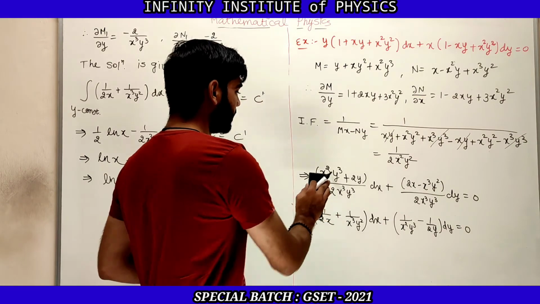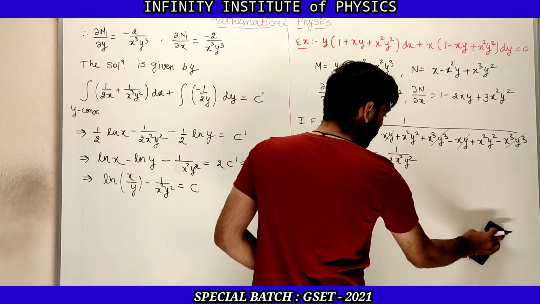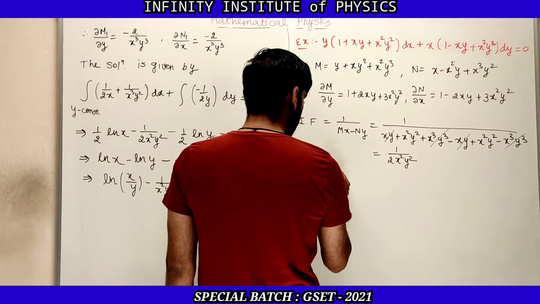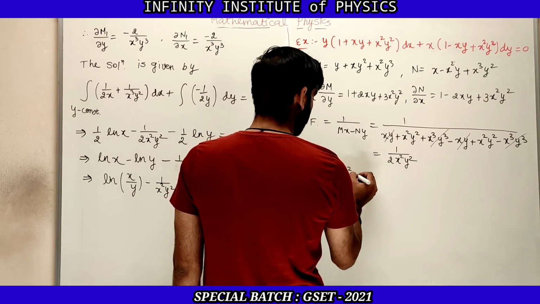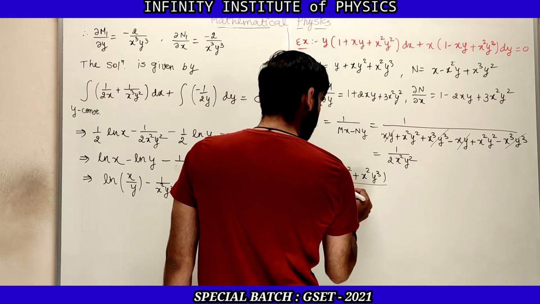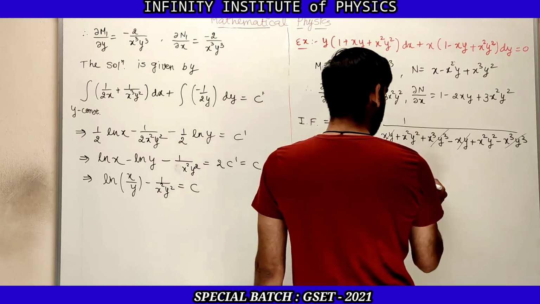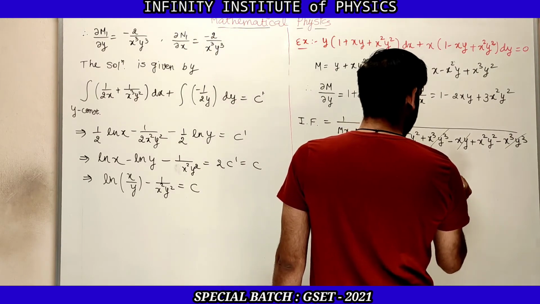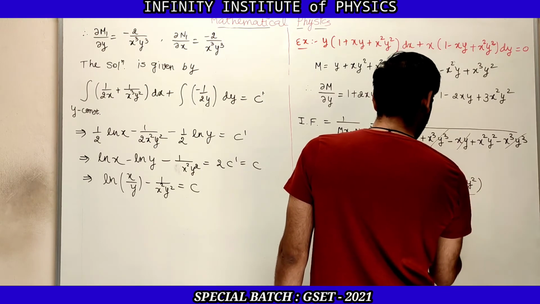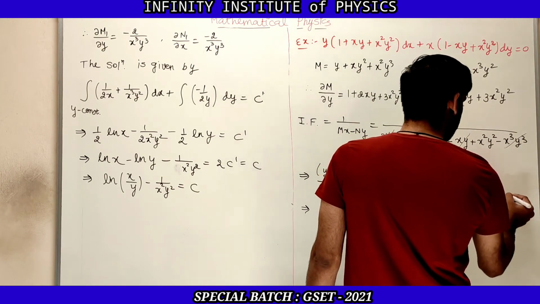And let us multiply the given differential equation by the integrating factor, that is 1 by 2 x square y square. So it will be y plus xy square plus x square y cube upon 2x square y square dx plus x minus x square y plus x cube y square by 2x square y square dy, which is equal to 0.